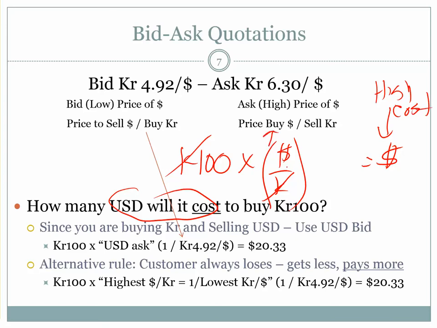The problem with this is that I need a dollar per crown exchange rate, and these are actually crown per dollar exchange rates. So I actually need to use the highest dollar per crown exchange rate. The dollar per crown exchange rate would be 1 over this or 1 over this.